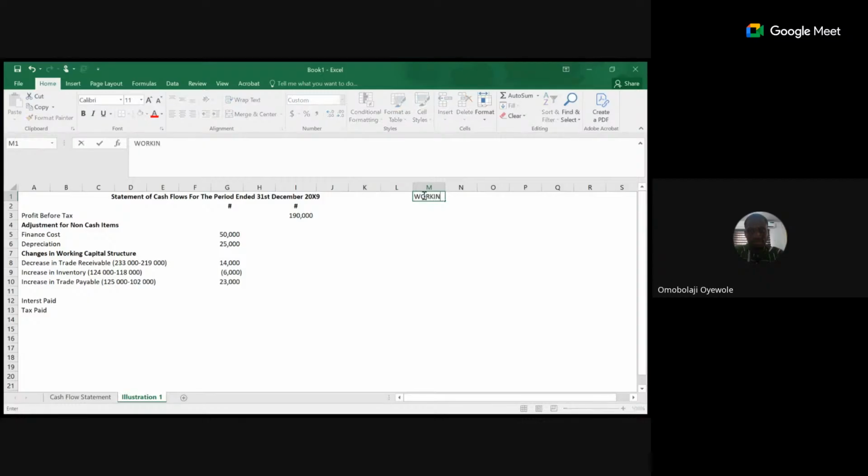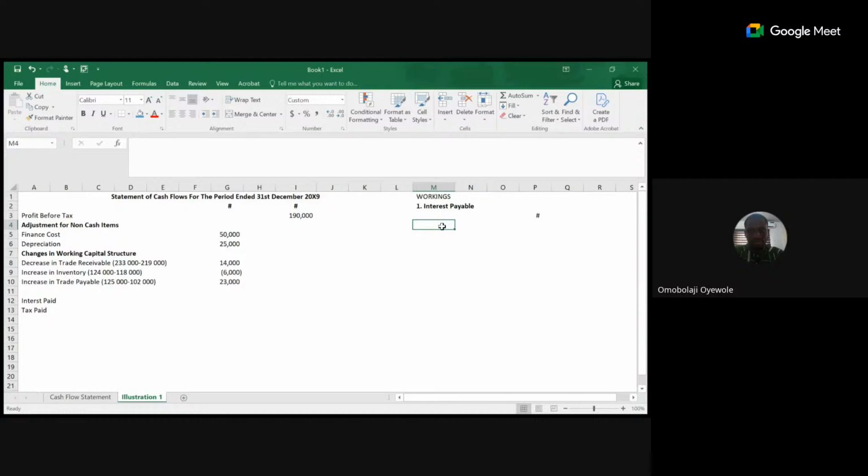So workings 1 will be for interest payable. Now, for these workings I'm not going to use a T format. I'll just use the normal addition and subtraction. So this is the accrued interest charge.